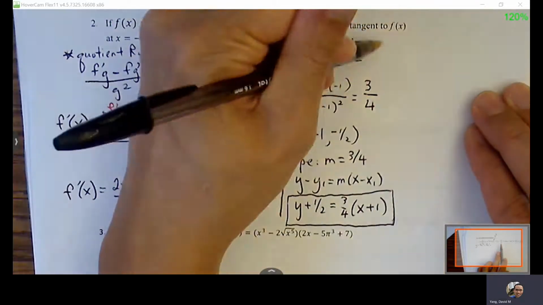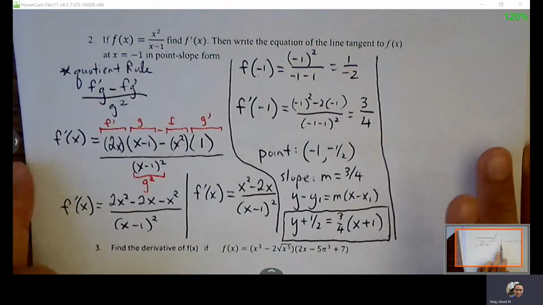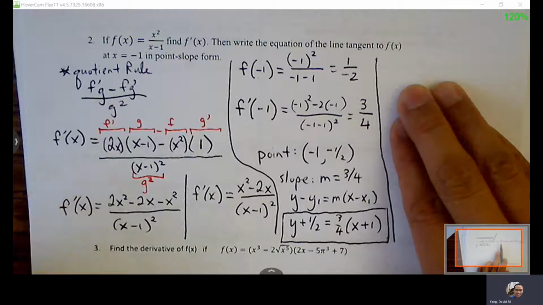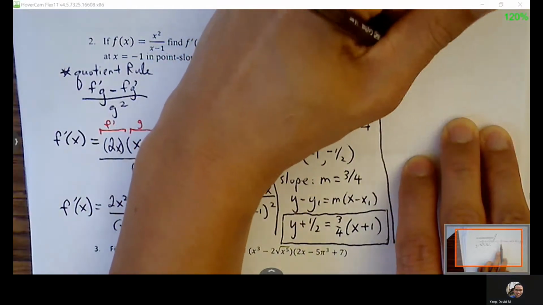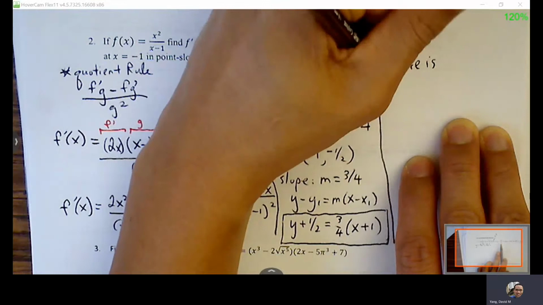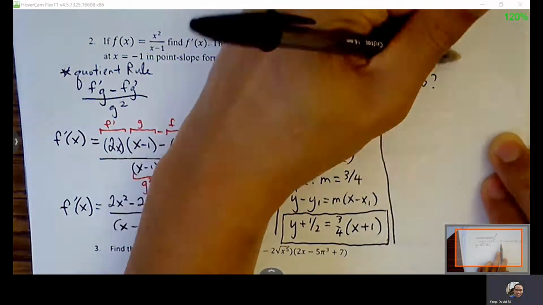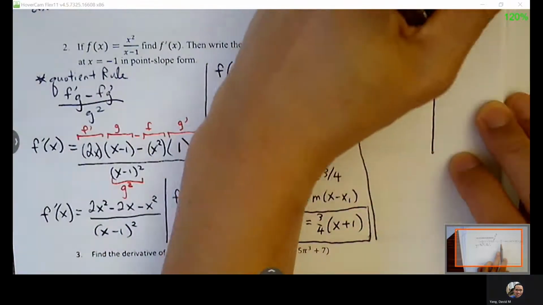Let me extend this question a little bit more. What if I asked, where is the slope of the graph 0? And where is the slope undefined?